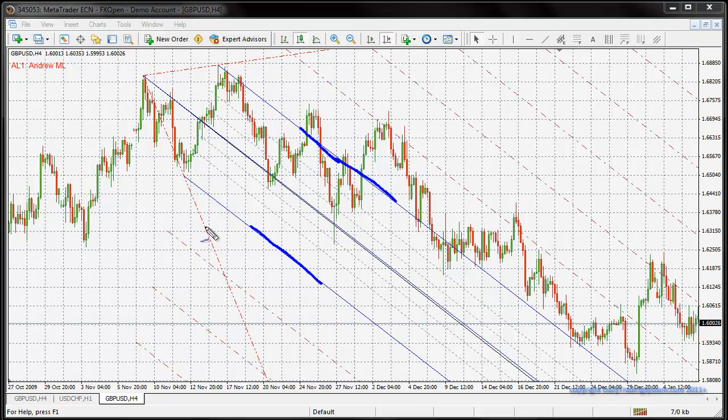This one here is called the lower trigger line, and that's called the upper trigger line, and here is your median line, and these are your warning lines.